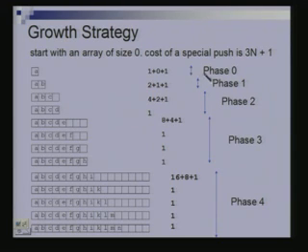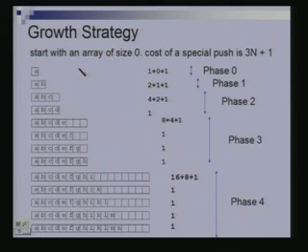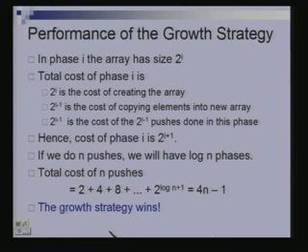And once again we define a phase: when the size of the array was 1, we call it phase 0. When it was 2, we call it phase 1. When it was 4, we call it phase 2. When it was 8, we call it phase 3, and so on. So, as you can see, in phase I, the array has size 2 to the I. Phase 3, it has size 8. Phase 4, it has size 16, and so on.